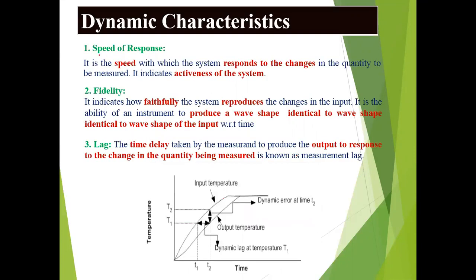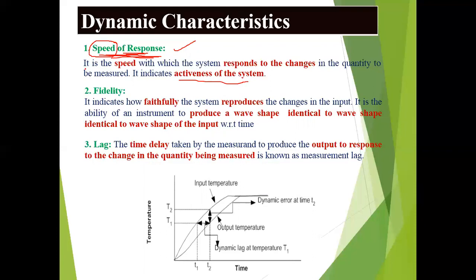Coming to speed of response. The name itself implies it. If I want to measure any unknown quantity and I give some input to the system, with how much speed can the instrument act to give the output? That is nothing but speed of response. It is the activeness of the system.